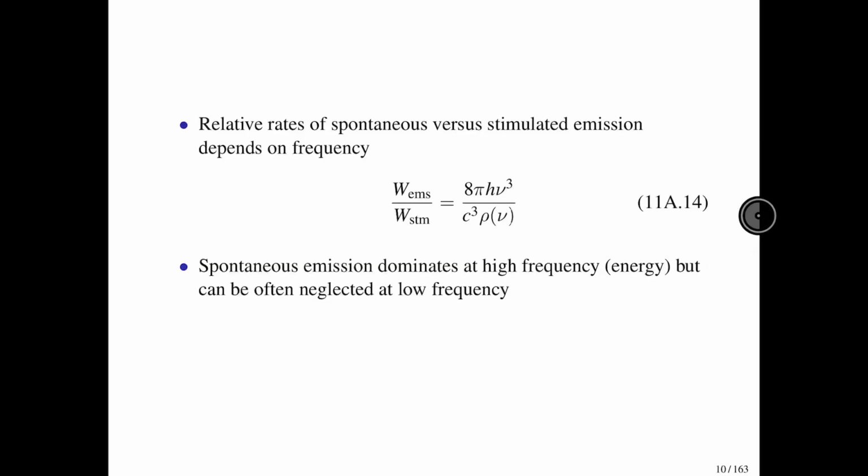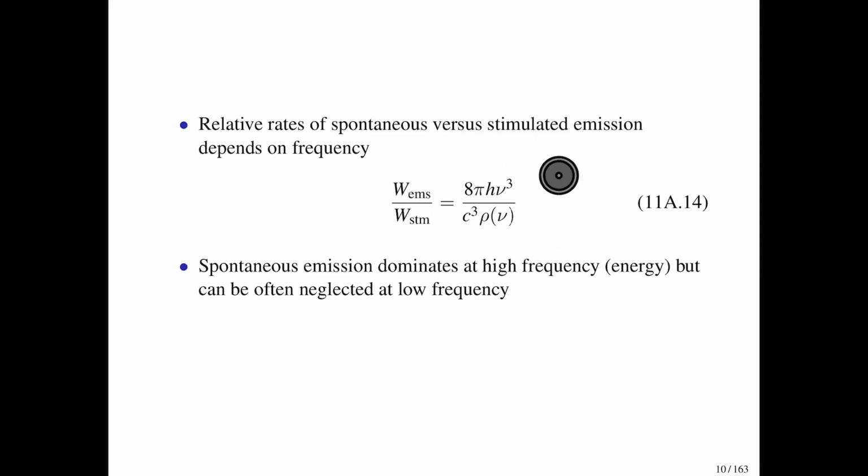One thing that we can do with these rates is to calculate the ratio of spontaneous emission versus stimulated emission. So for example, I've got a system that's emitting photons. What's the fraction of those photons that are coming from stimulated emission versus the fraction that are coming from spontaneous emission? And so that's expressed here in this ratio. So taking the rate laws and calculating the ratio, you get an expression that looks like this.